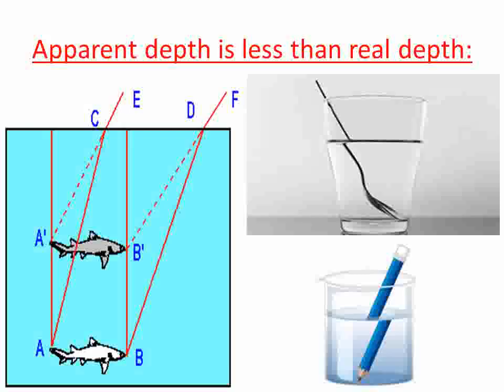A ray of light passes from water to air, that is, from denser to rarer medium, and in the backward direction the image of A is formed at A dash, a virtual image. Similarly, the image of point B is a virtual image formed at B dash, and these two, A dash B dash, make the complete virtual image of the fish which appears.